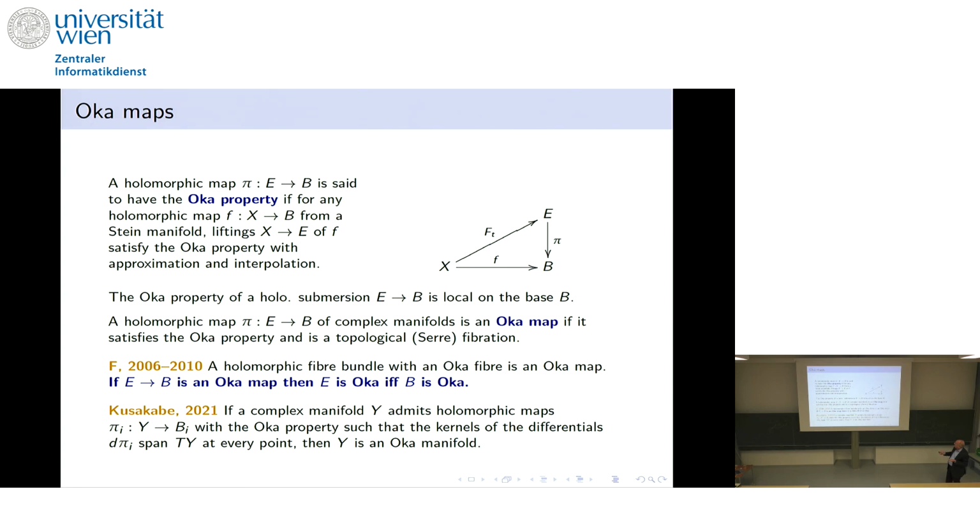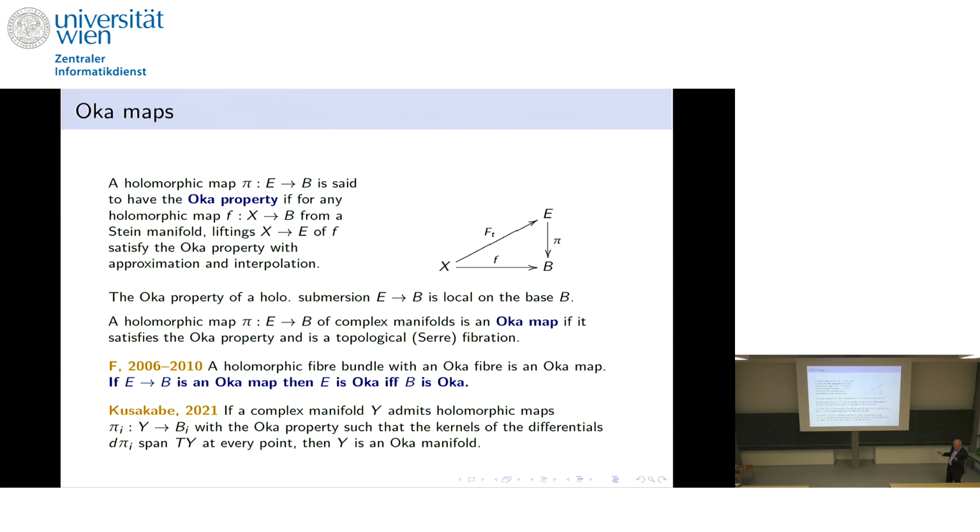And actually, the Oka property says that this map P from E to B satisfies the Oka property if the following is true: any time this bottom holomorphic map admits a continuous lifting, then you can change that continuous lifting homotopically through liftings to a holomorphic lifting.